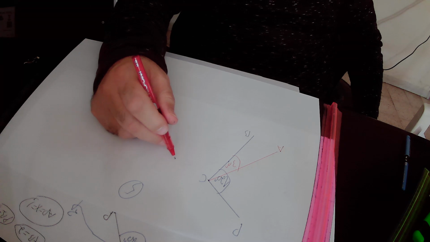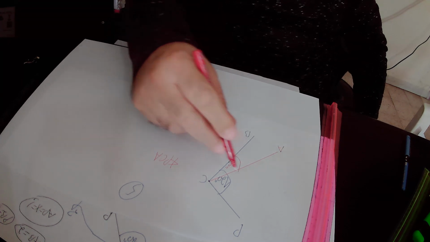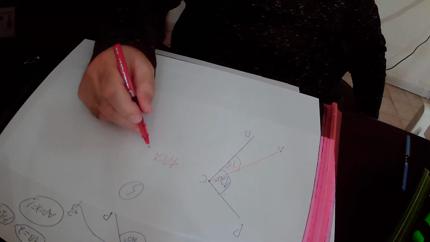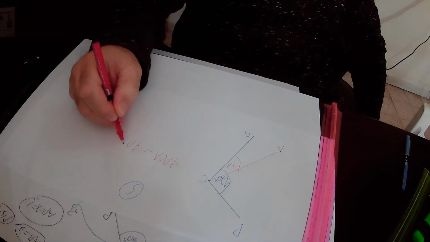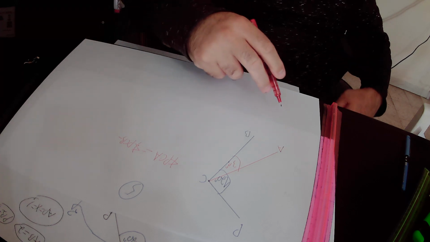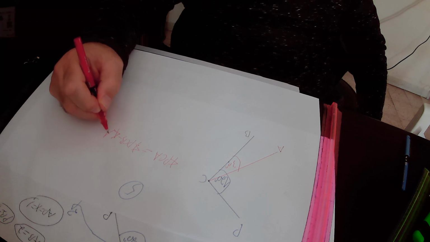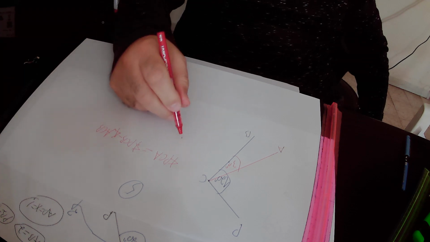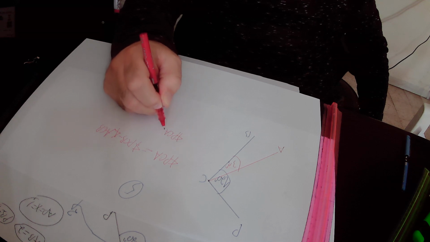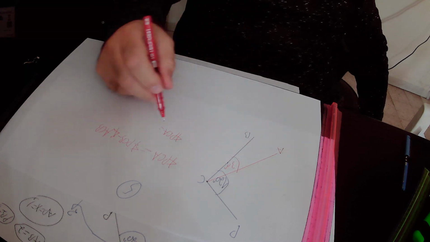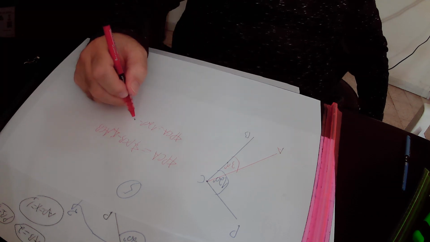Repeat again, the missing angle PCA will be equal to the big angle PCB, that is 120 degrees, minus the small angle ACB, that is 30 degrees.